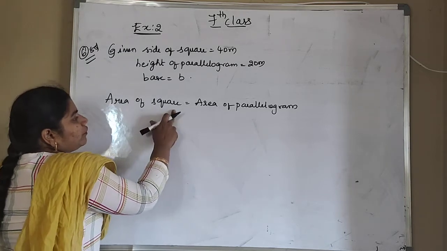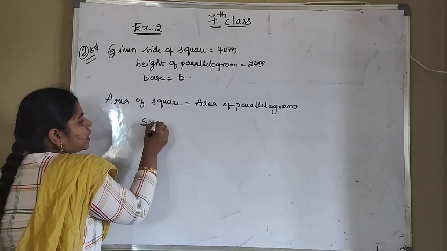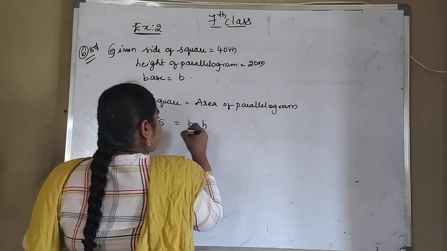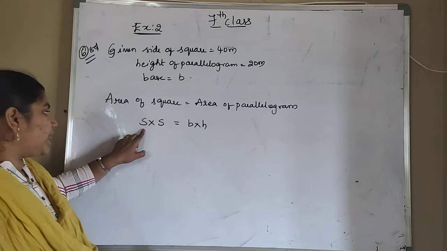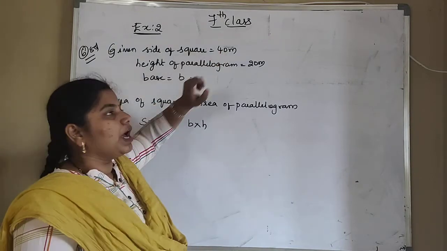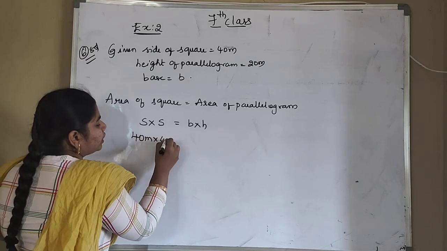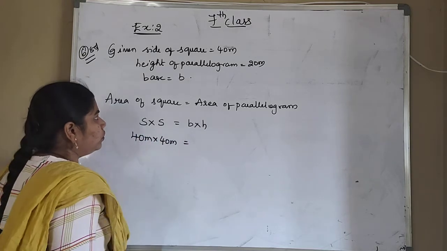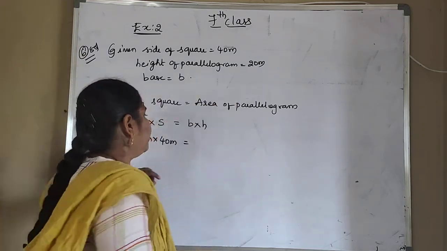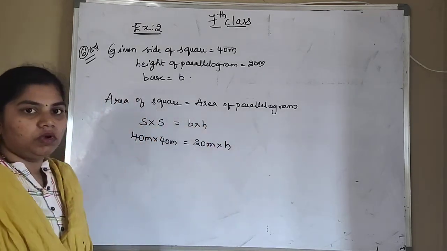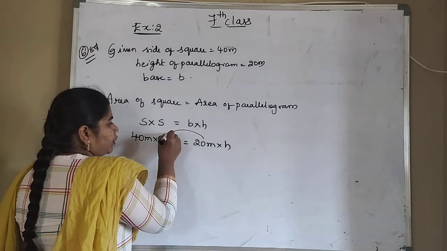So what is the area of a square formula? Side into side is equal to the area of a parallelogram, base into height. Side into side value they have already given as 40. So you will write here 40 meters into 40 meters is equal to, base is how much? That is 20. So 20 meters into height. Now you transpose this 20 to the other side.